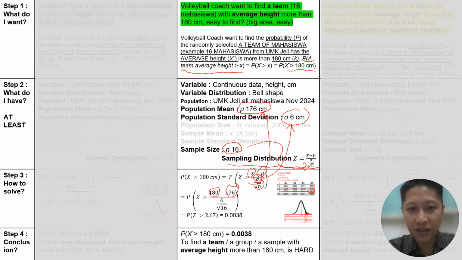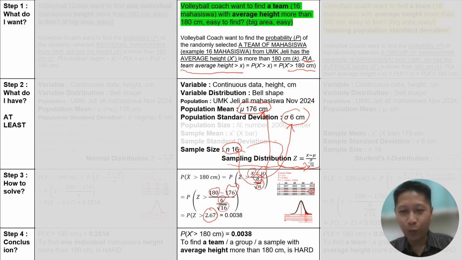N is that team, that sample, how many? We have 16, so we include 16 into the calculation. So we have 6 divided by the square root of 16. After the calculation, we get the number 2.67. Now we have the Z of 2.67.